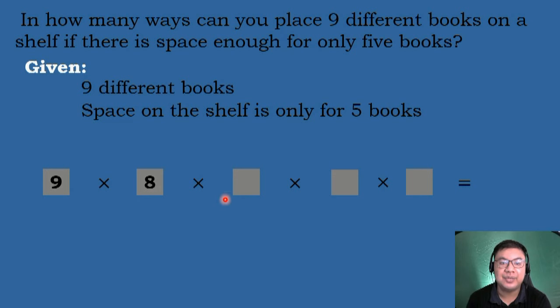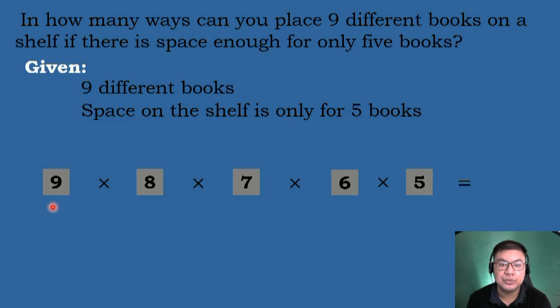Followed by, if we have placed 2 books, 1 here and 1 here, then there will be only 7 different books here. And then again, we will subtract by 1, it will become 6. And then if we have placed another book here, then we can only select 5 different books here.